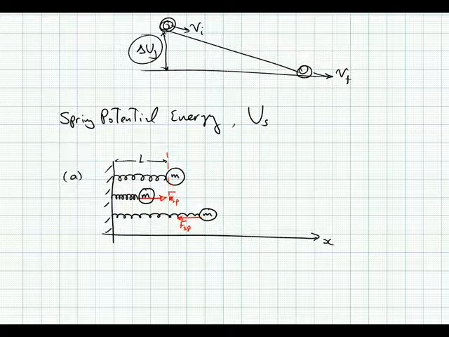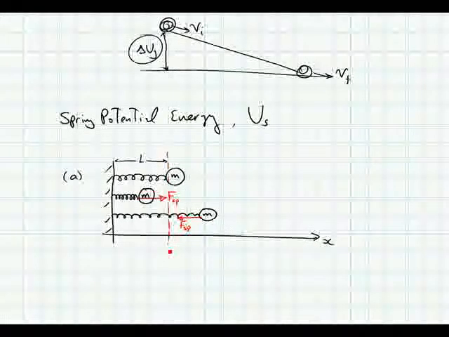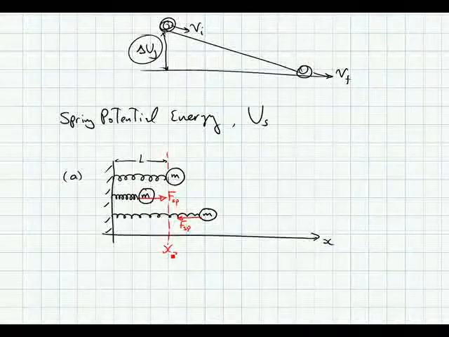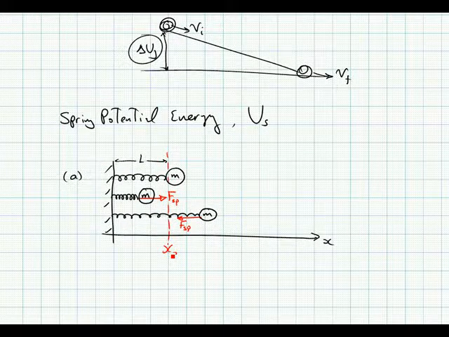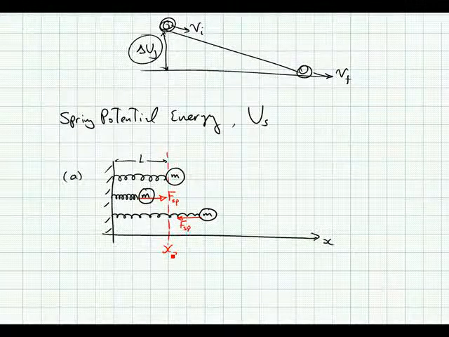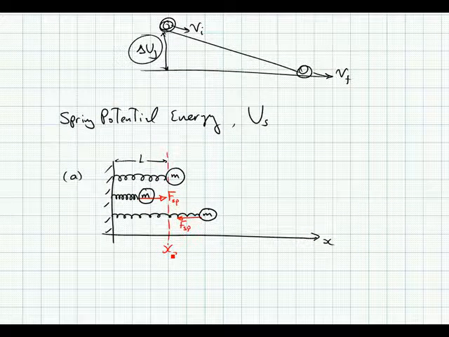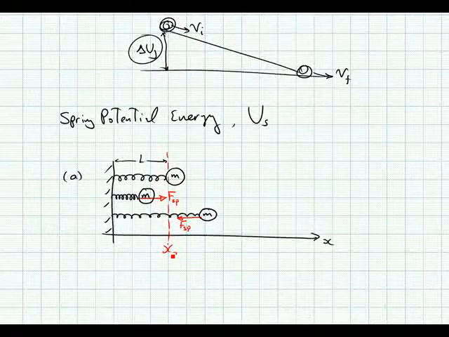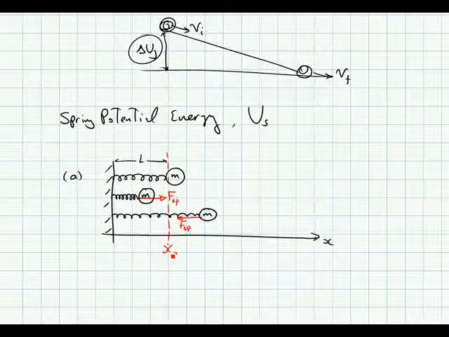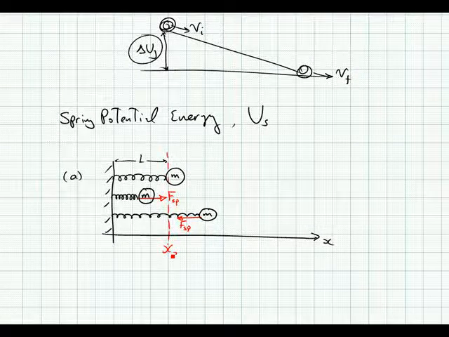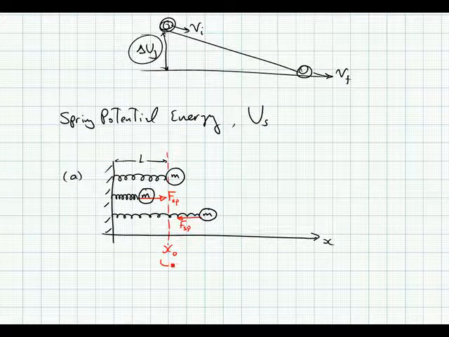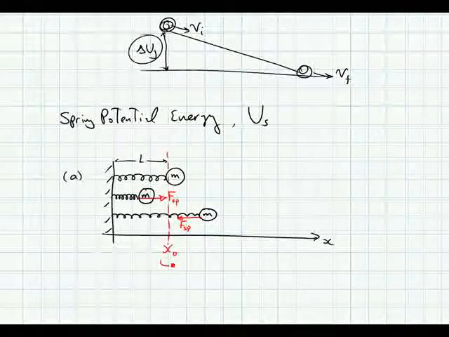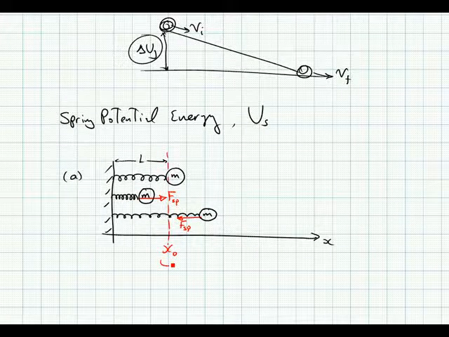Now, this equilibrium point, which I will call x naught, is the natural length position of the spring, the position where the tip of the spring is when it's neither stretched nor compressed. So x naught is the equilibrium position for the spring.